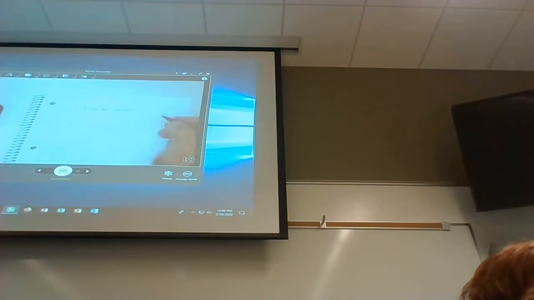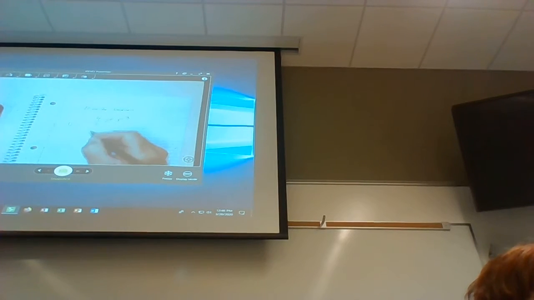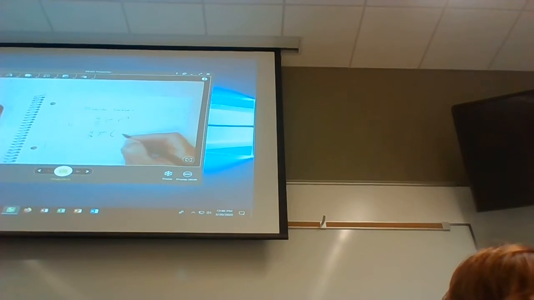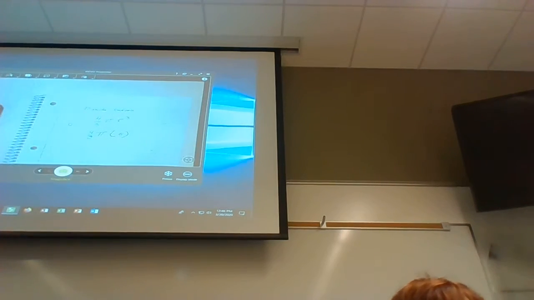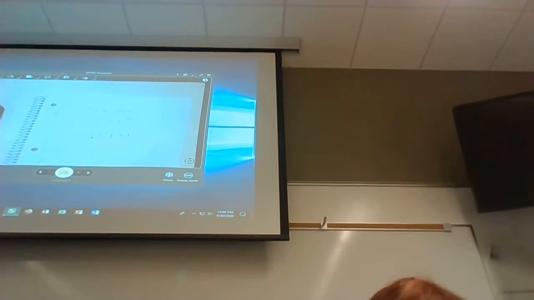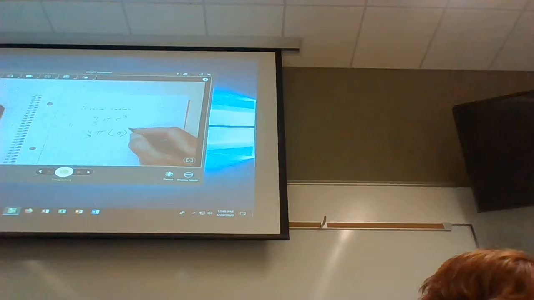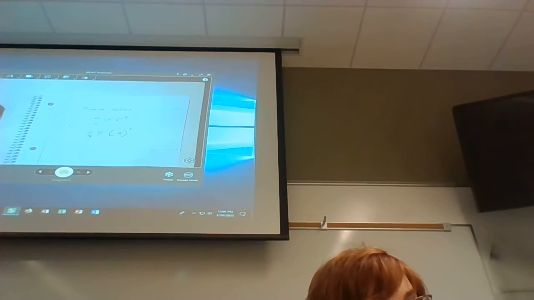So if it's a 10-inch balloon, 4/3 pi r cubed would be 4/3 times pi, and r would be 5, because the radius is half of the diameter, and they sell balloons by their diameters.